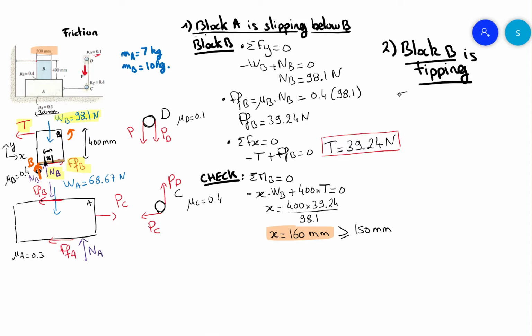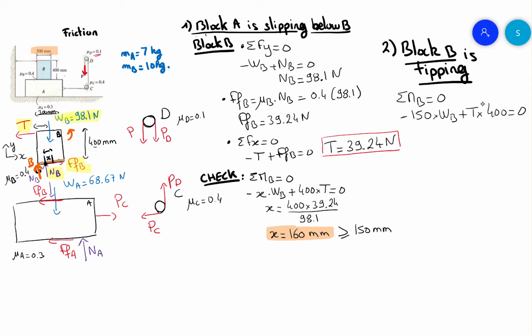So let's use sum of the moment about B equal to 0. We have the distance 150 millimeter, half of the width, times WB, and that's a negative moment, plus T times the vertical distance, 400, equal to 0.